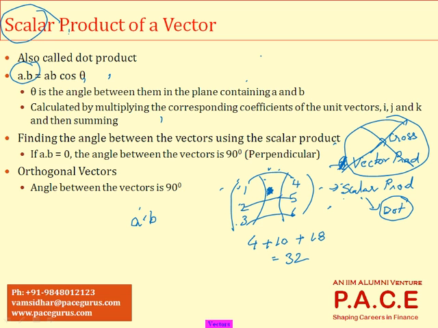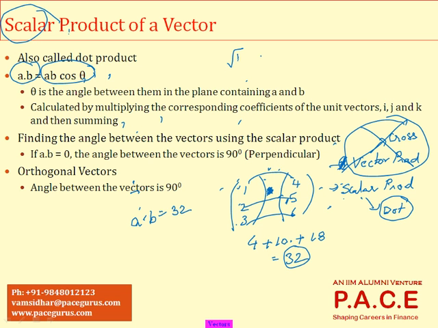So you will have only a number, you will not have it as a vector at all. So 32 is a simple number. So A dot B in this case is 32. Theoretically it should be equal to another expression, which is AB cos theta. A is nothing but the magnitude of vector A.